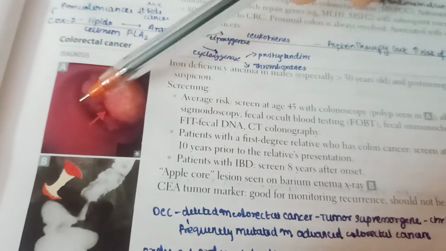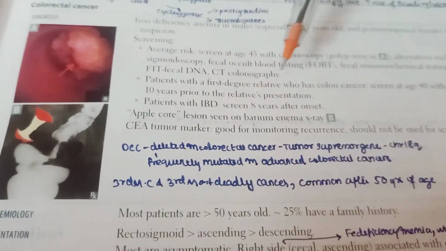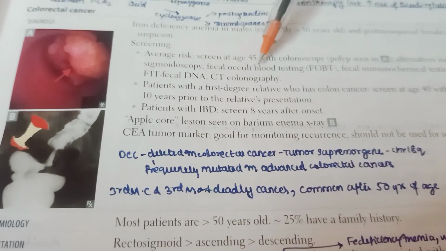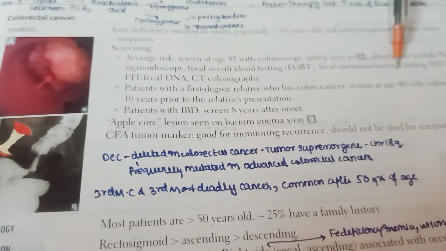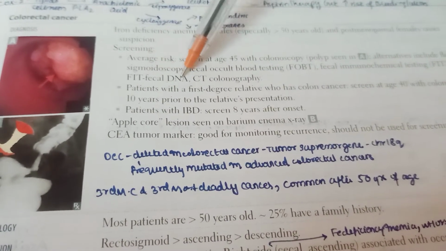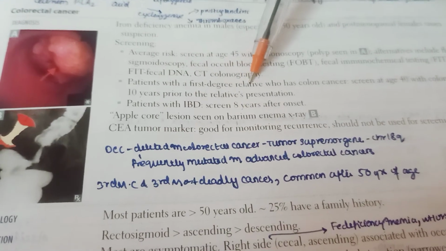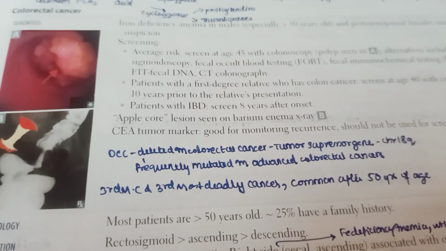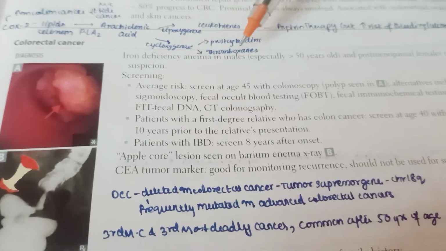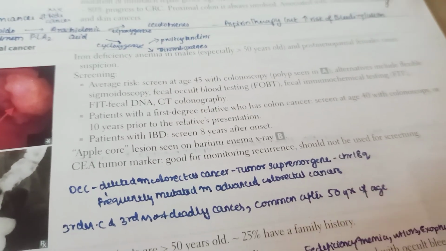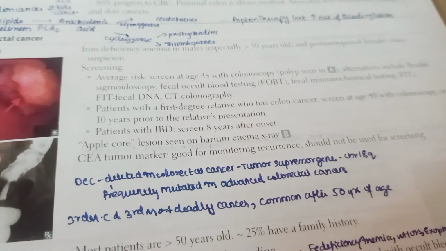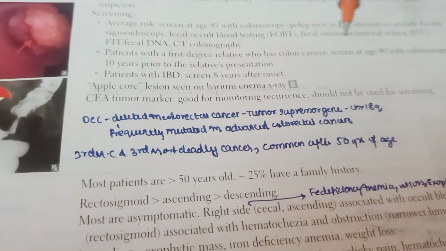If a polyp is seen, it looks like this, and screening includes flexible sigmoidoscopy, fecal occult blood testing, fecal immunochemical testing, that is FIT, fecal DNA, CT colonography. Okay, and whenever you need to raise a suspicion is a male with iron deficiency anemia and a postmenopausal female, then we need to raise the suspicion of this cancer.